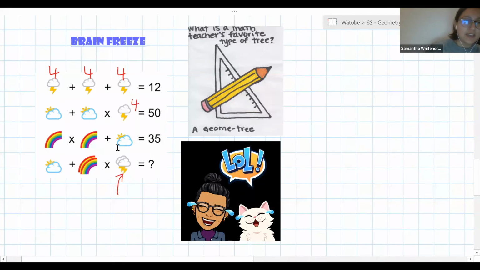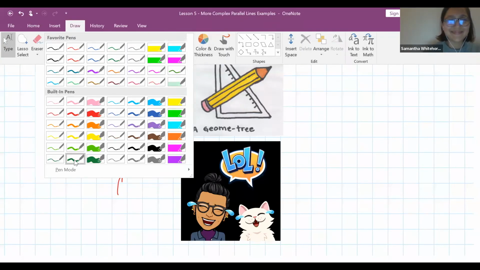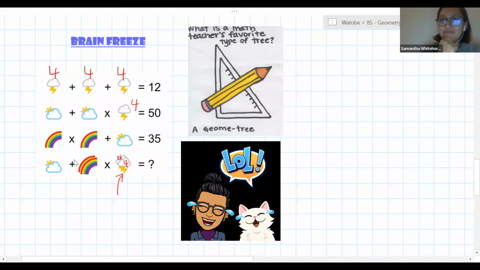Okay, KM, I see a hand. Let's see what you got. Yes, ma'am, for the first one, I got 4, and then after that, I put the 4 next to the cloud, where it says next equals 50, and then I did an equation, and then for that cloud there I got 5, and then I put the 5 down.